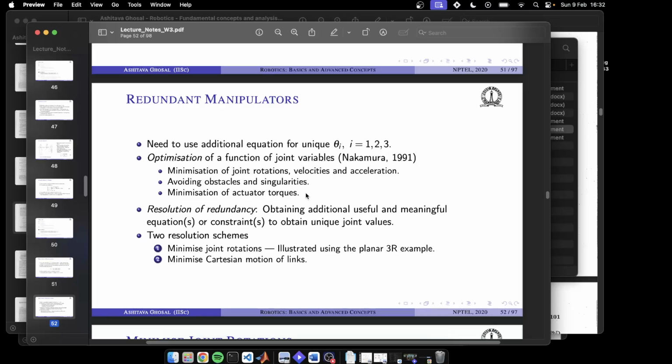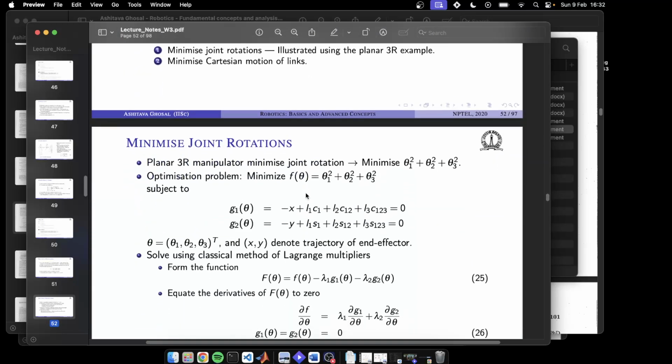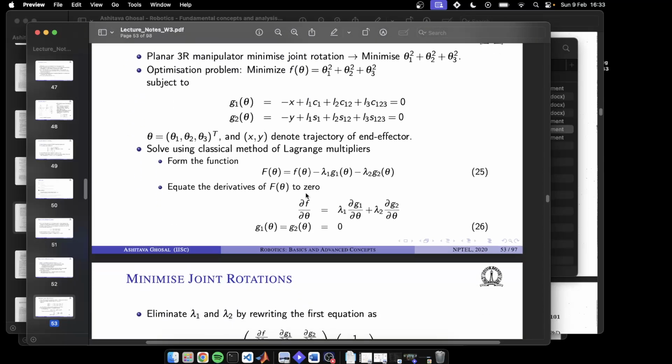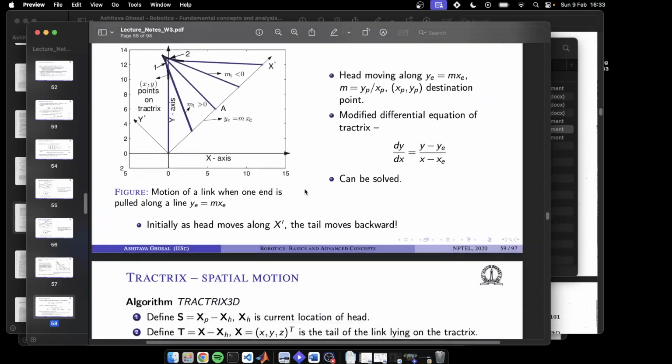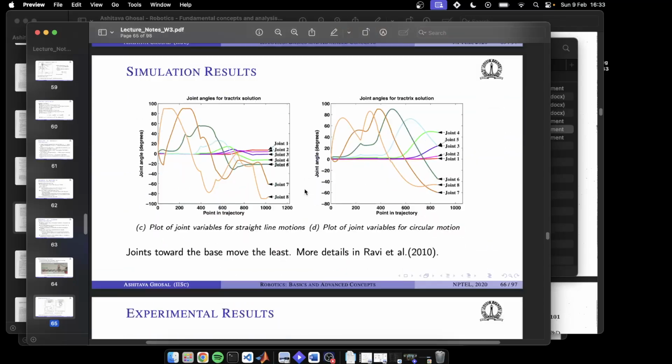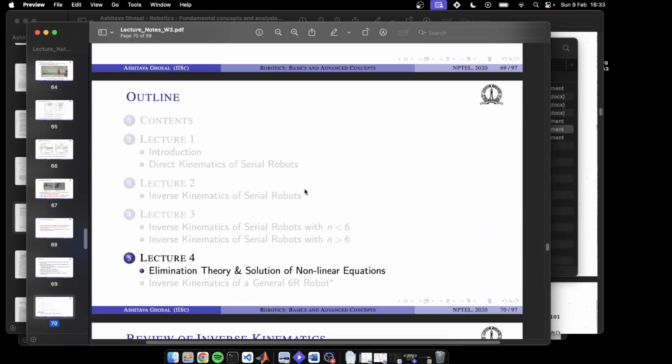Similarly, avoiding obstacles keeps the robot free from damage, right? Those types of objectives can be achieved when there is a redundant degree of freedom in the arm, and the explanation is given in the lecture slides that you can refer to.